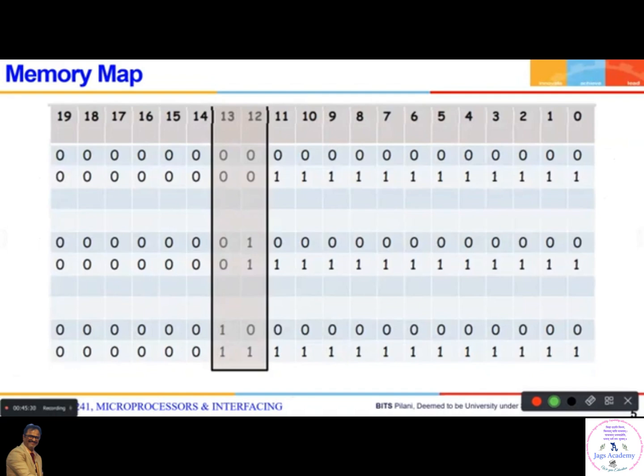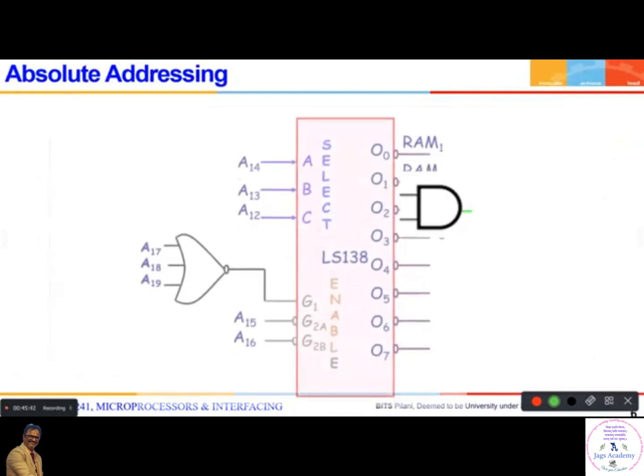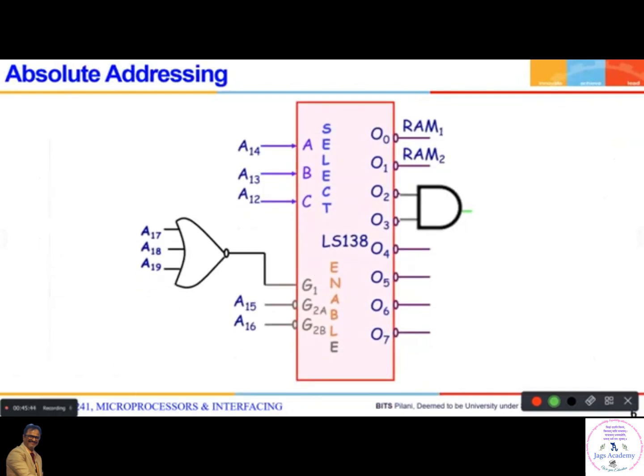Once you have identified those things, next is just connecting them. That's all. That's the end of this particular design. So just think about it. We will continue this in the next class.